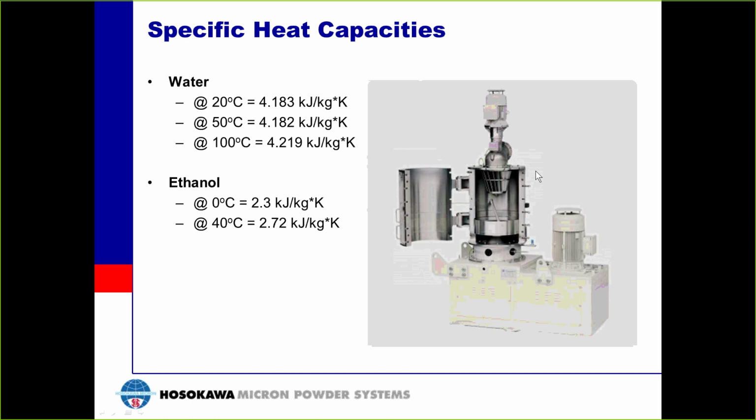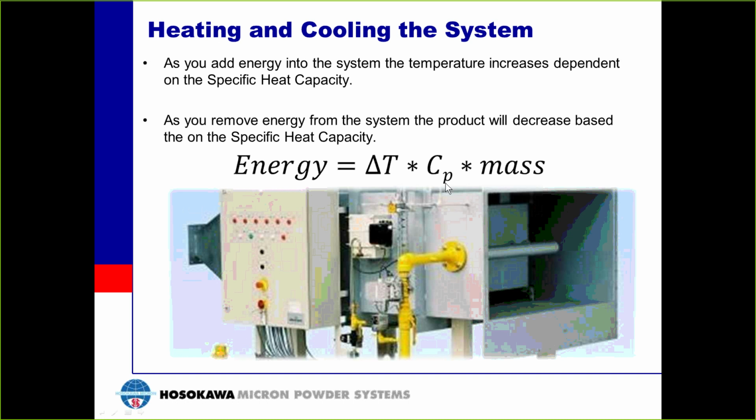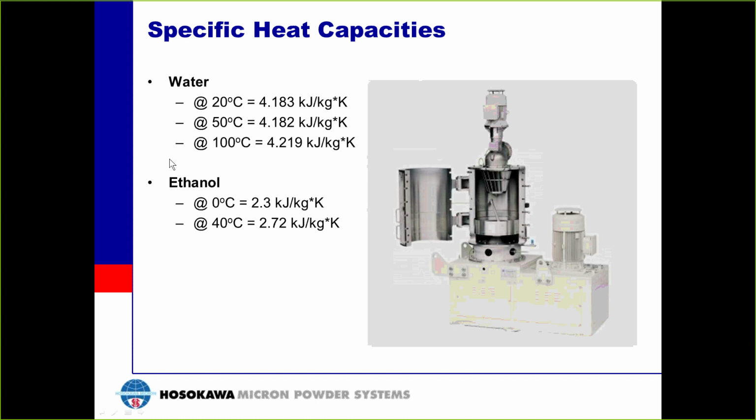Now this slide shows some examples of the specific heat capacity. I should also note that these are at a constant pressure, so you're talking about atmospheric pressure. But you can see that often the heat capacity will change depending on the temperature, but not much.